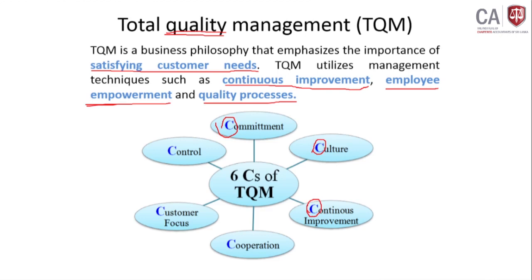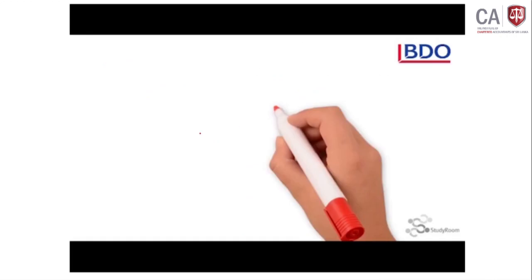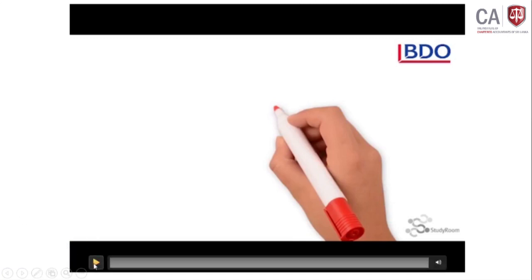Continuous improvement is a very good measure that is implemented by most organizations to give very good products to the customer. The cooperation with each other, customer focus and control. Okay. Let's watch a video and then we will get a good idea about what is TQM.